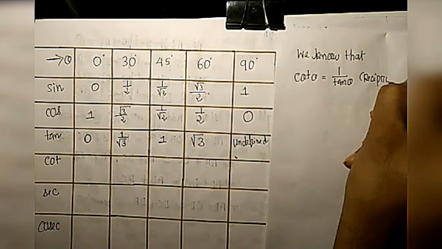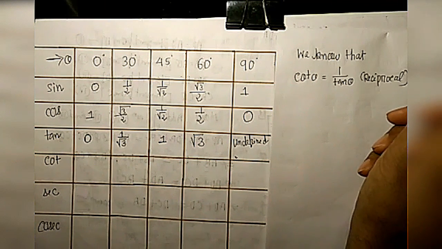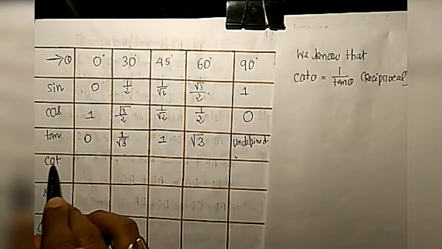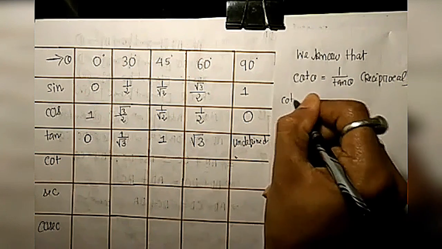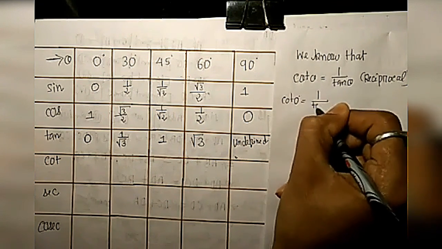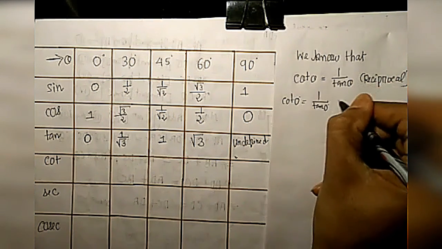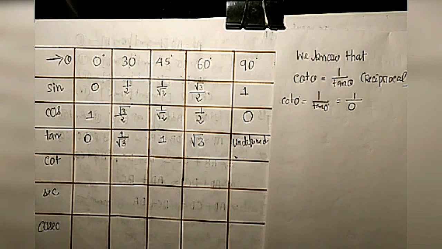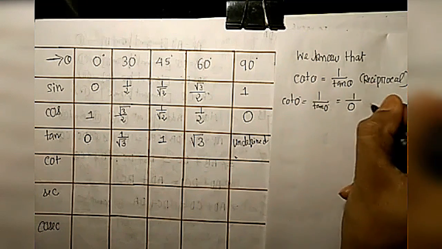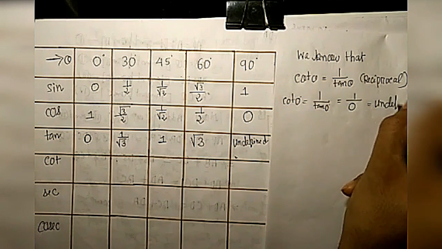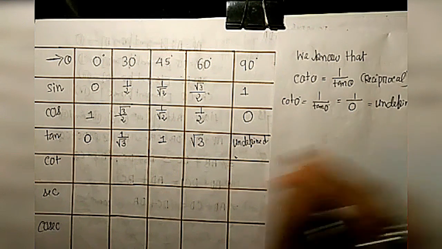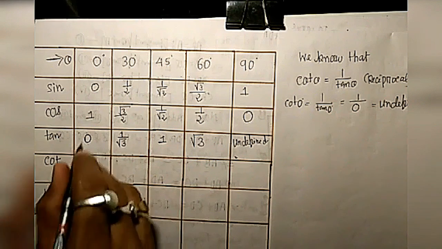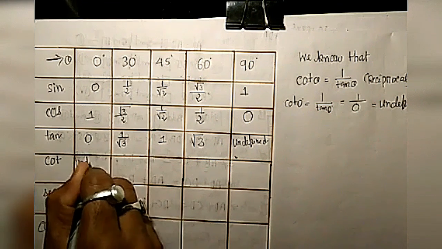With the values of tan theta for 0 to 90 degree, cot 0 degree is 1 by tan 0 degree. Tan 0 is 0, so 1 by 0 is undefined. That means cot 0 degree is undefined.